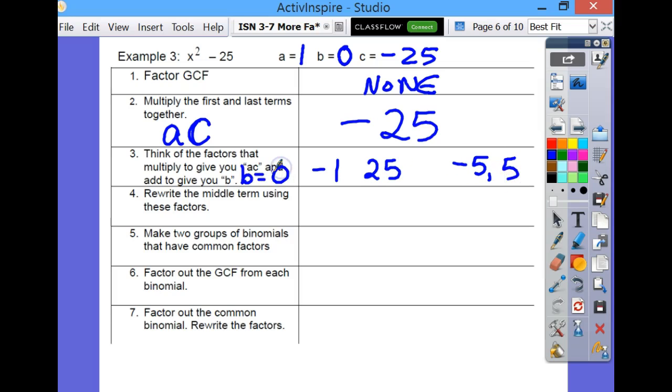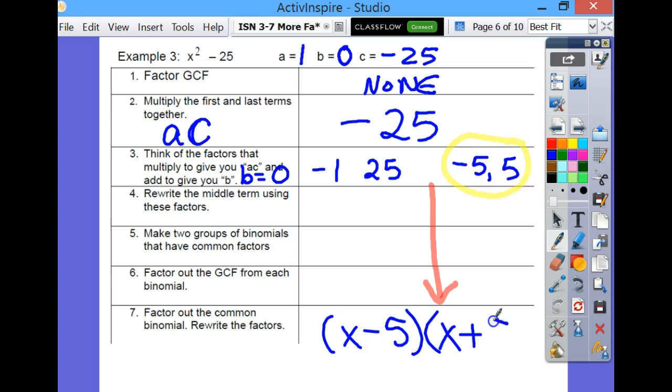Do any of those add up to get 0? Which pair would add up to get 0? If you want to, you can do all of these steps, or since the A is equal to 1, you can go directly to the answer. So possibly this might help you speed up some of your work.